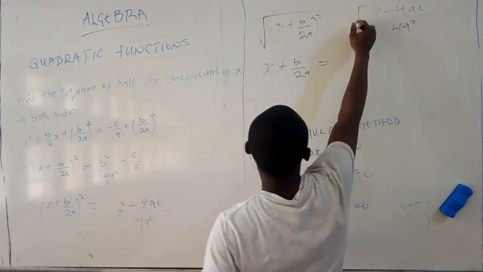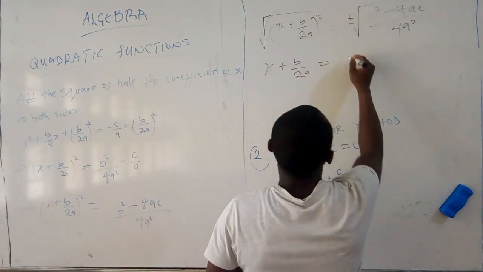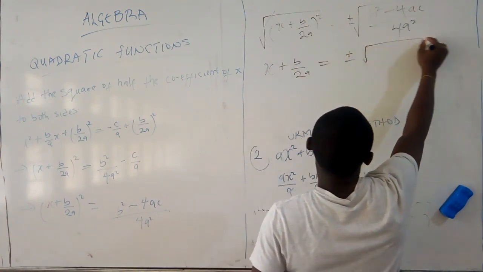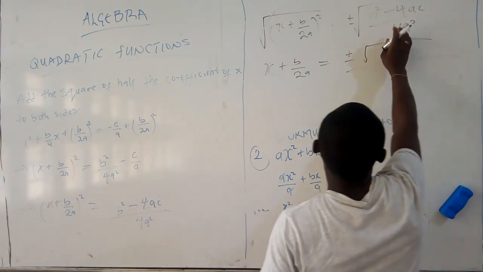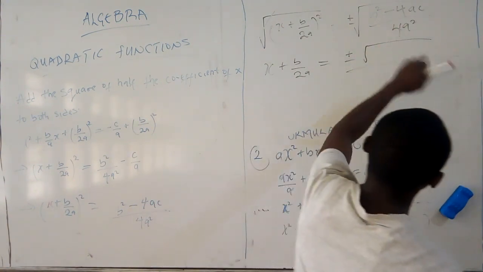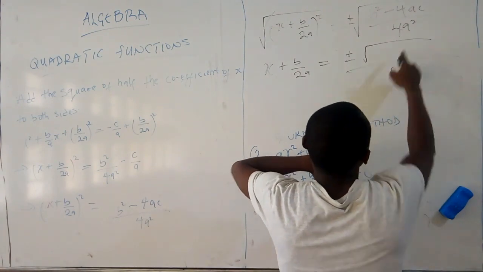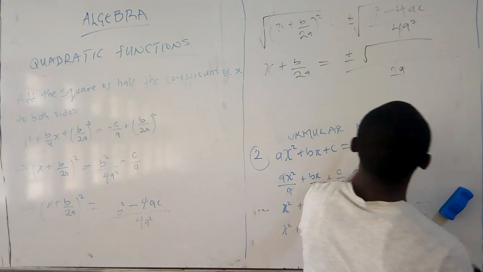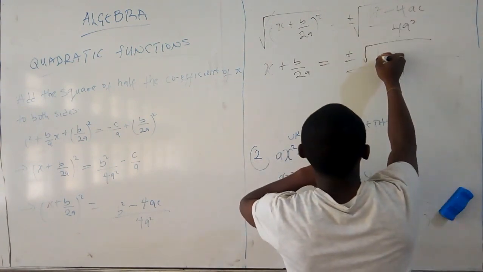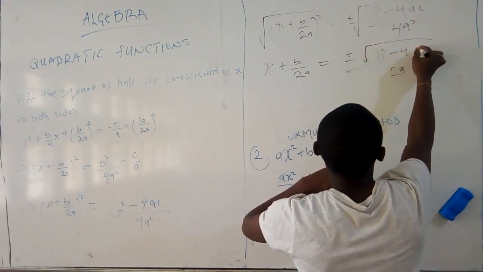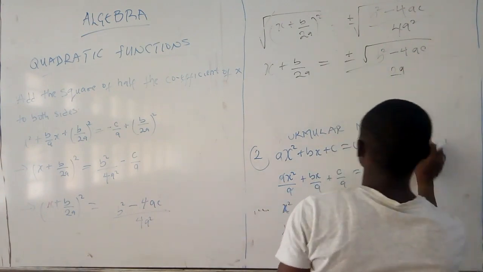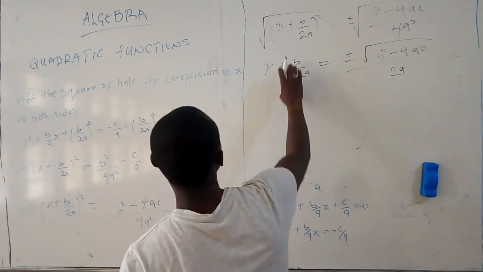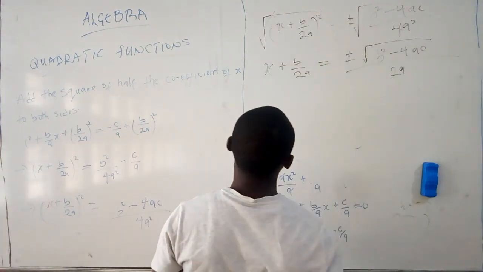It is equal to plus or minus the square root. If you take the square root of this denominator, square root of 4 is 2. Square root of a square is a. So you are left with the numerator, which is b square minus 4ac. The next thing you have to do is you move this to this side.